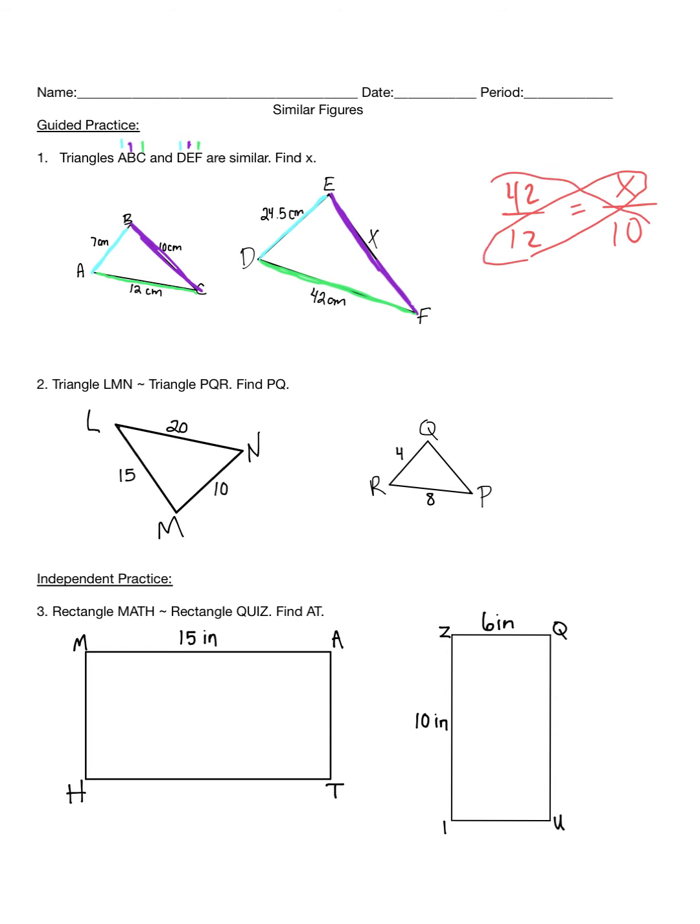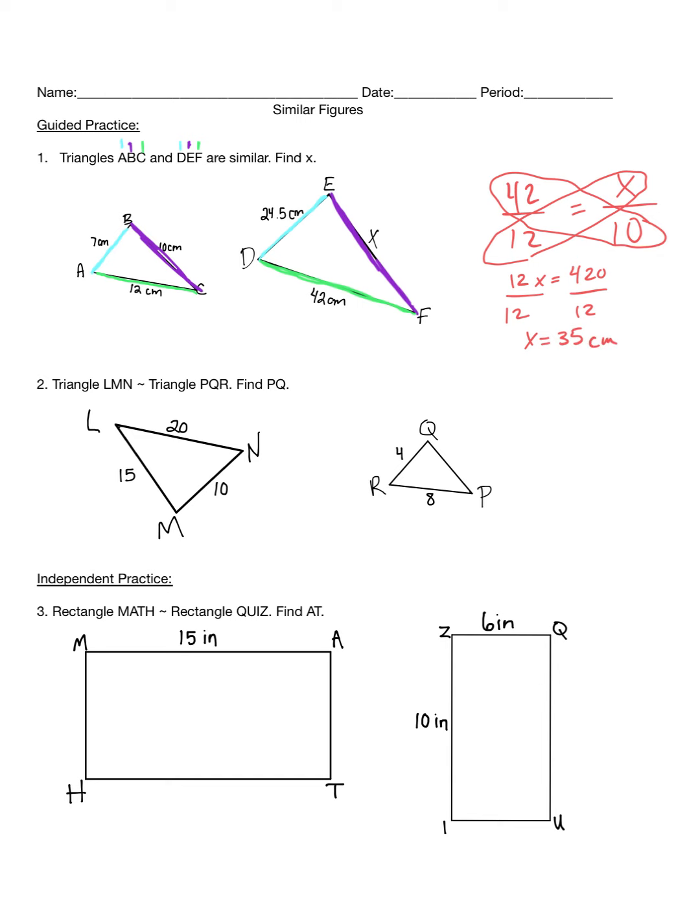Okay? So 12x equals 42 times 10, which is 420. When we divide 12 on both sides, we get x equals 35. And this was centimeters.